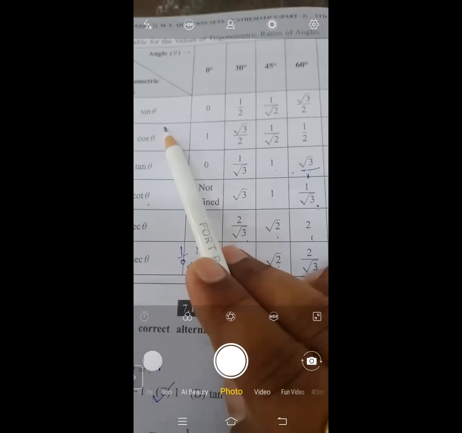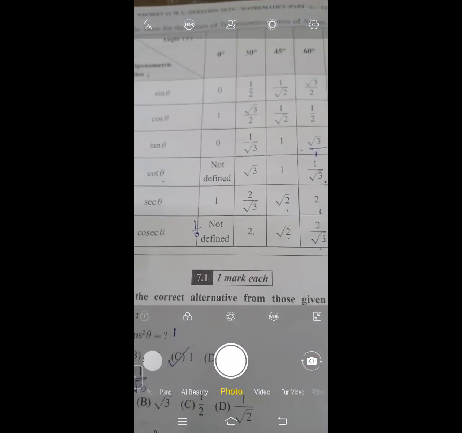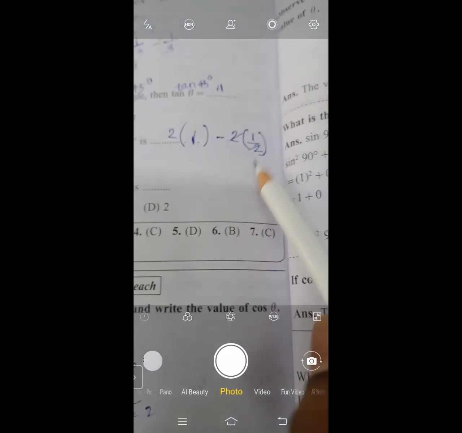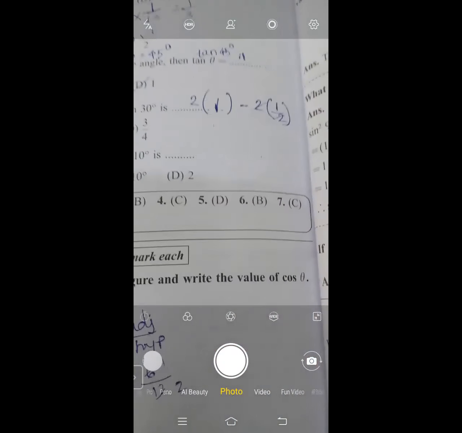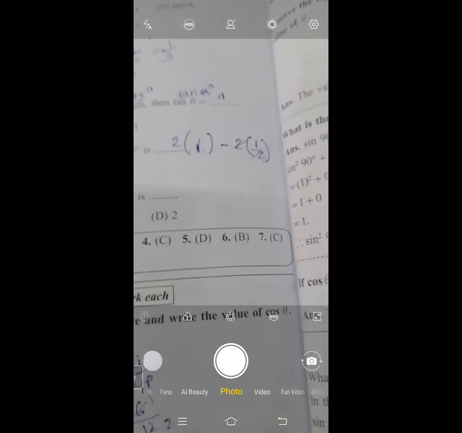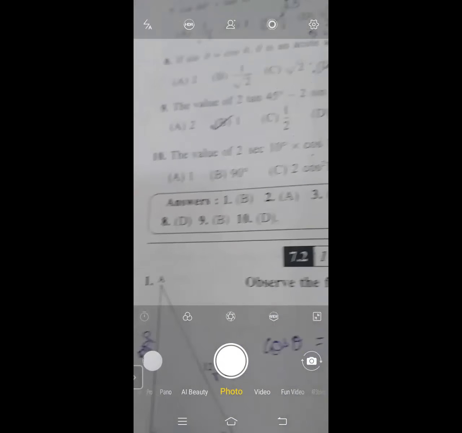Sin 30 degree is 1 upon 2, so I have written 1 upon 2. Now this 2 multiplying 1 upon 2 gets cancelled. 2 ones are 2 and minus 1 is 1. So 1 is present in your option list.